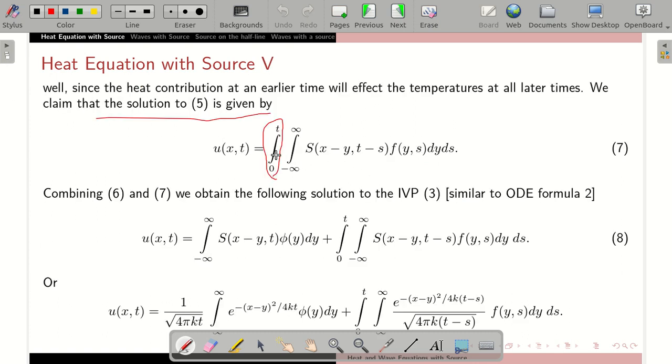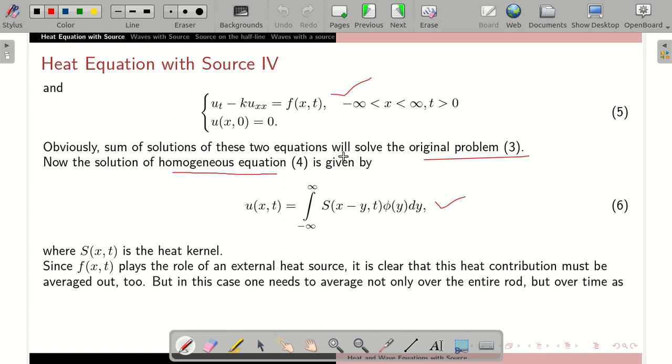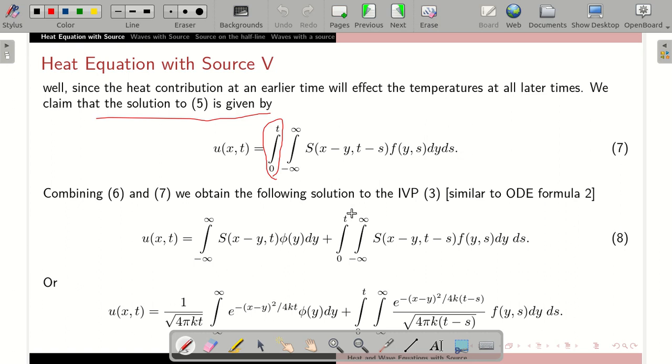So integrate that solution from 0 to t, keep x minus y as it is, and replace t with t minus s, as we have done in the ODE. In the ODE that was e power a(t minus s), then f(y,s) dy ds. So we claim that the solution will be in this form and we will verify. This is the similar formula for the ODE.